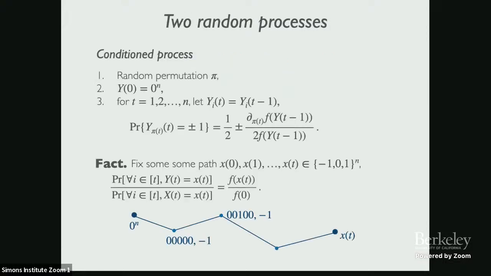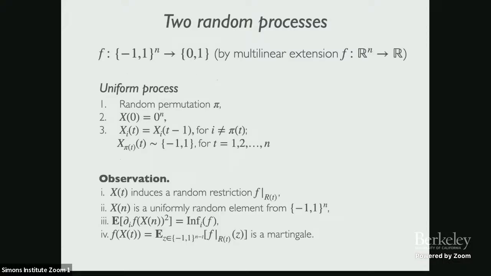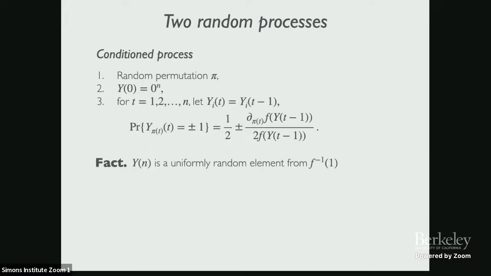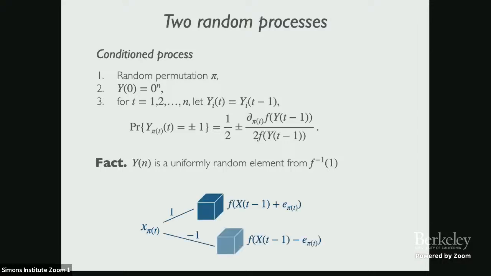So next, explain the process a bit more, like how do you get? Okay, sure, definitely. Our goal is making sure that this process ends up in a uniformly random element whose evaluation on f is 1. In particular, if we expose this variable, if we set it to 1, we get a restricted subcube.